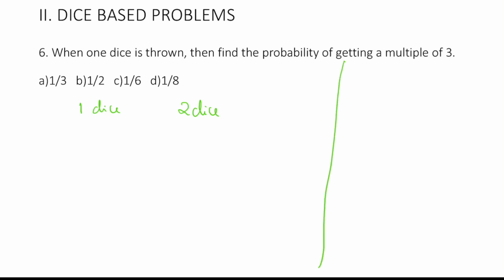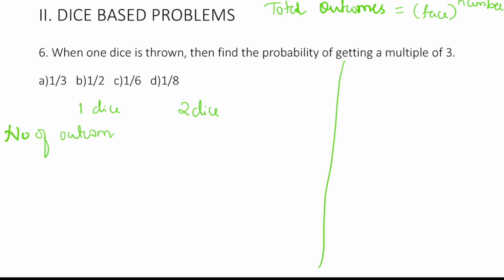Now total outcomes here also it is given by the same formula. Total outcomes is equal to the face raised to number. Okay, face raised to number. Now if we throw 1 dice, what are the number of outcomes we can get?